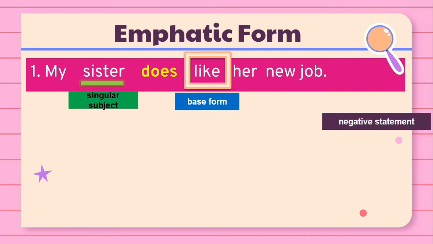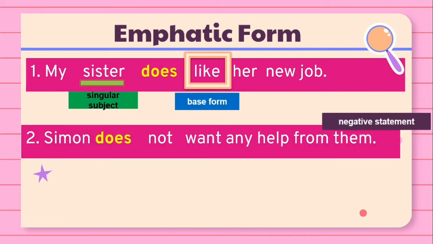Let's move on to sentence 2, which is a negative statement. It becomes a negative statement because we have here not. And then what follows right after does? Take note that your verb here is still on its base form. So again, why do we use does in our sentence? It's also the same with sentence 1.